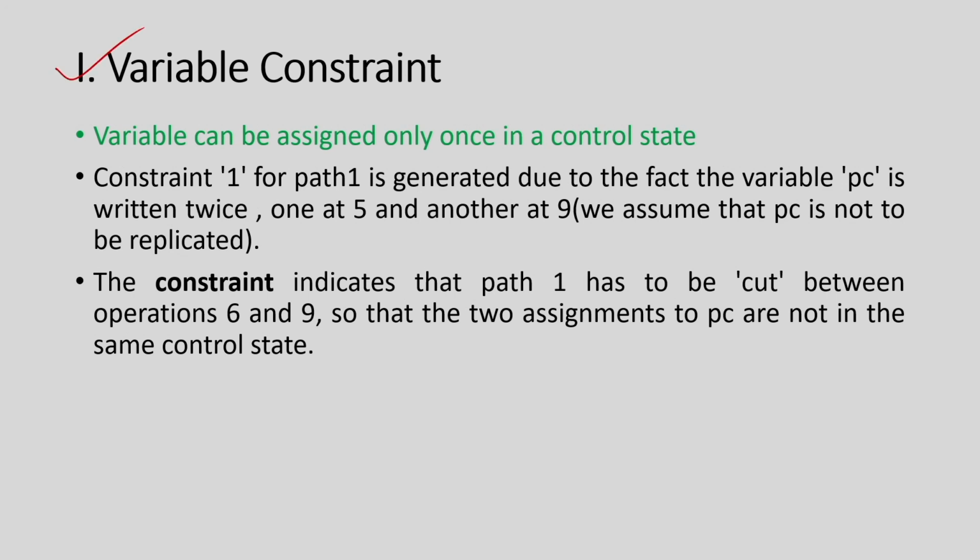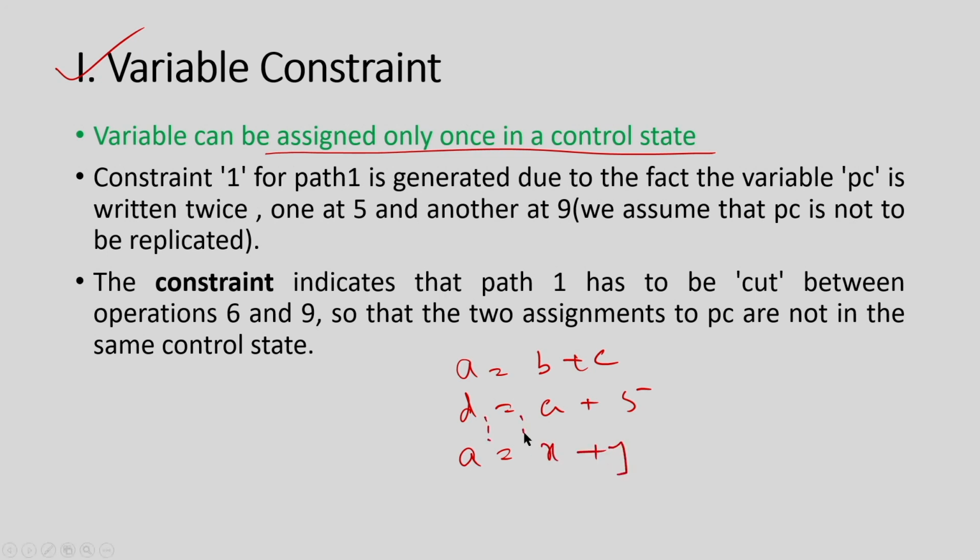Okay. So, as I mentioned, one variable can be assigned only once in a control state. In the example that I have just taken, A equal to B plus C, then you are doing D equal to A plus 5, and then again you are doing A equal to x plus y. There may be some operations here and there. Okay. So, finally this A is going to be stored in some register in the hardware.